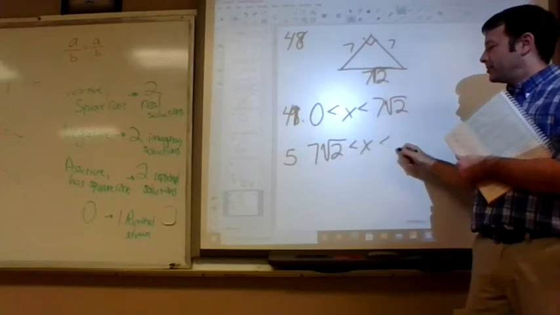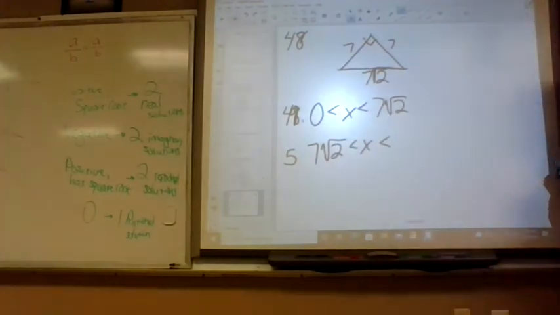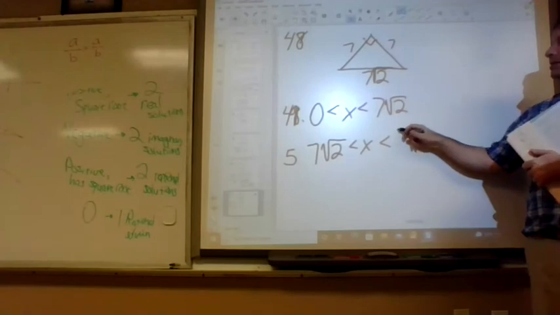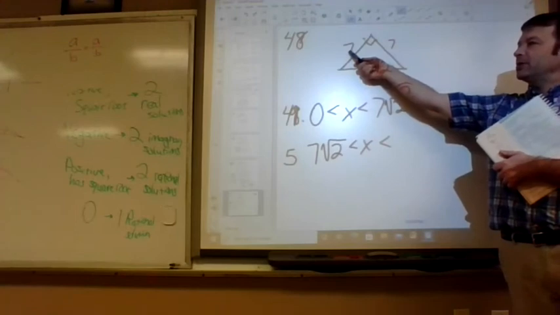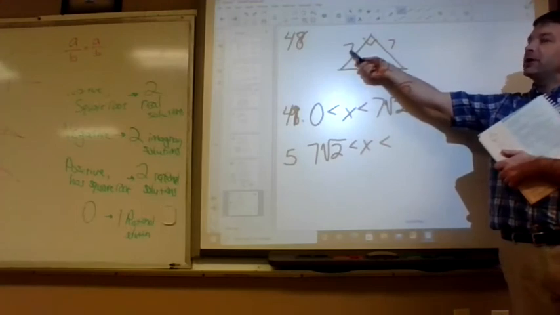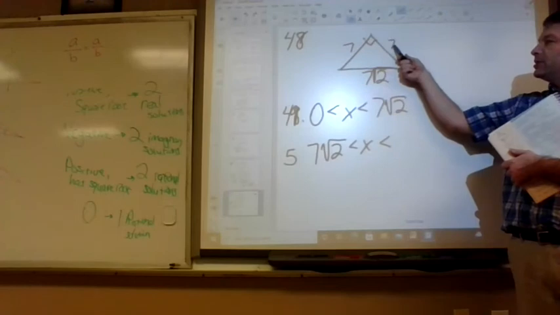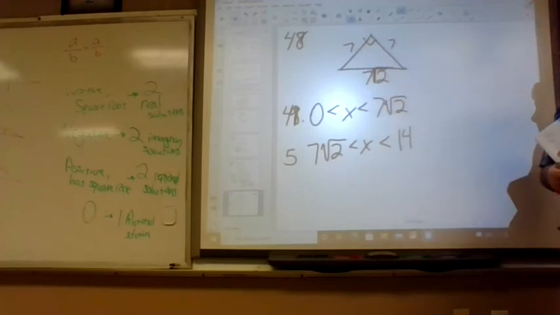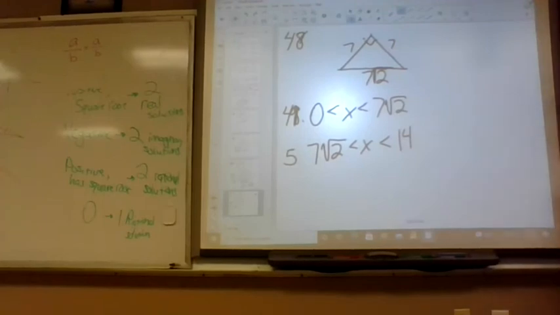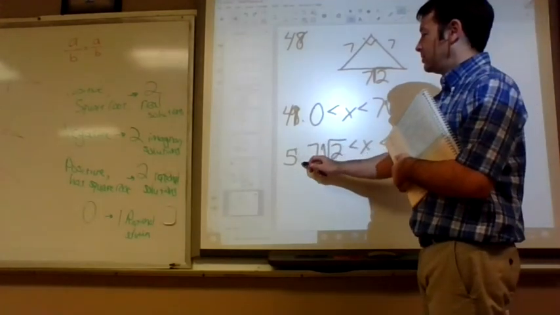X would be bigger than that, but it can't go on forever. It has to be smaller than 14, because 7 and 7 make 14, and two sides of a triangle have to be larger than the third side.